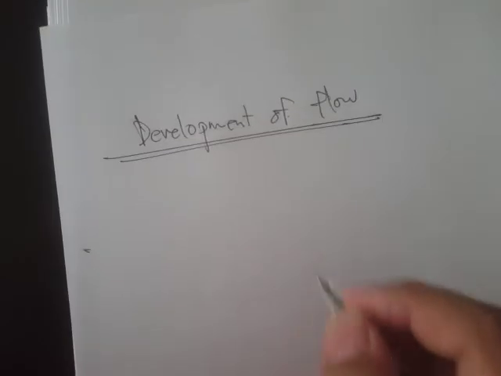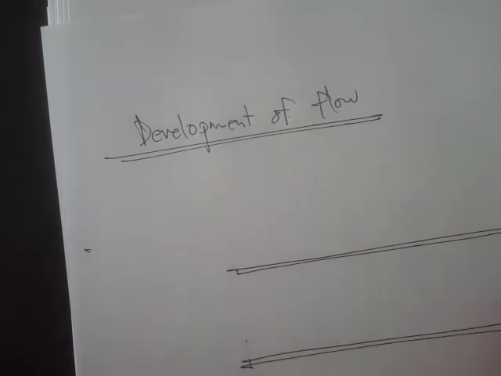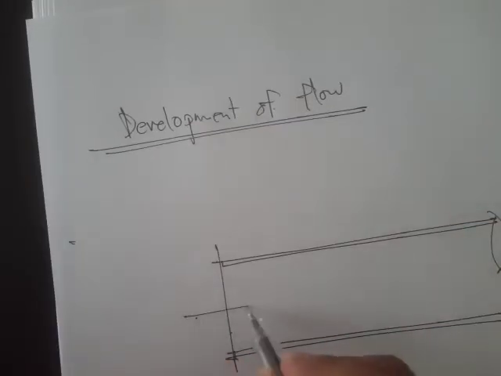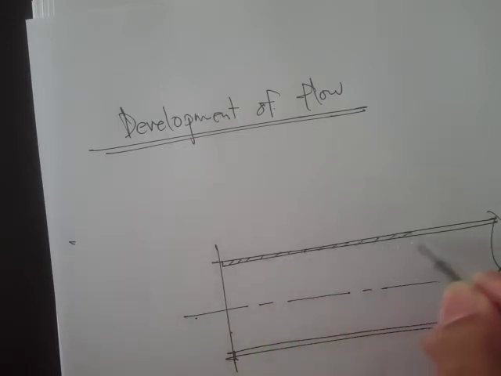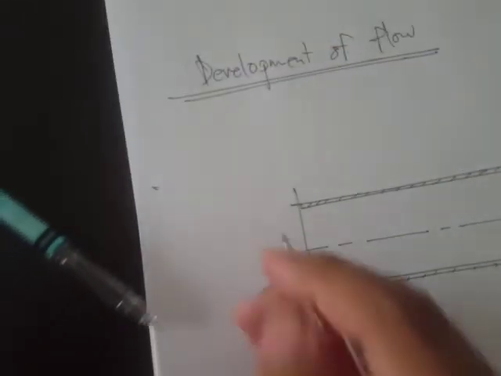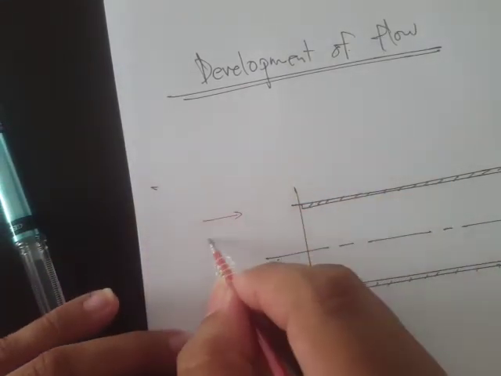Okay, so for example, we have this section of the pipe. And let's say this is our center line. Imagine there's a stream of fluid that's about to enter the pipe.